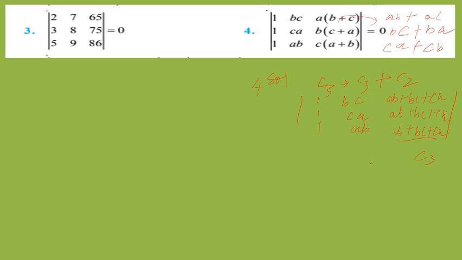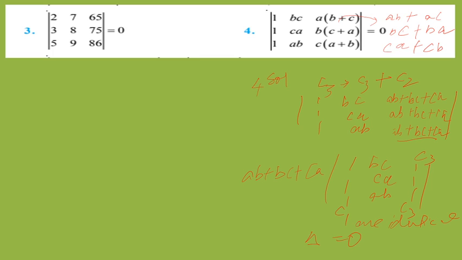And the column 3 all are identical, so this will go out of the determinant. Now I write AB plus BC plus CA times 1 1 1, BC, CA, AB, and the last one 1 1 1. Now column 1 and column 3 are identical. That means your property says the determinant is equal to 0.